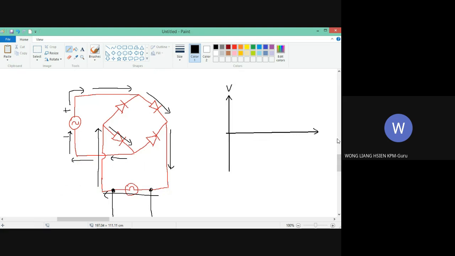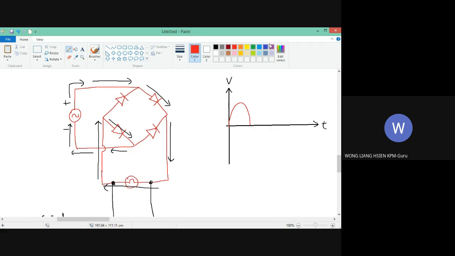This is the voltage, this is the time, and then the graph will be like this. Okay, one direction. Now let's say that you want to go in the opposite direction, the alternating current changes direction.